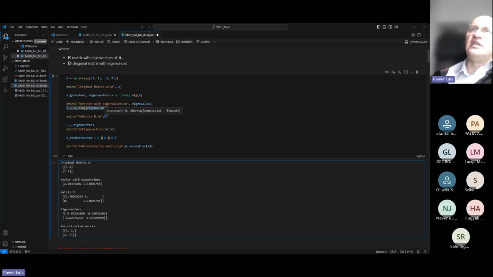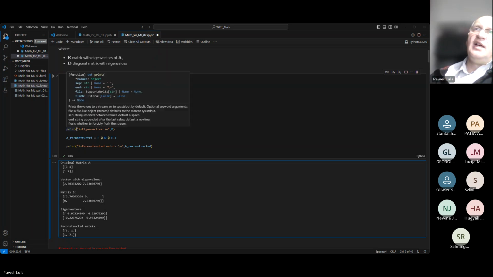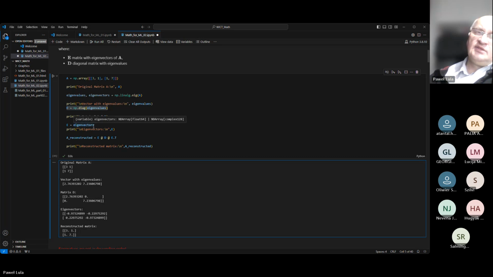I printed it here. And it is a matrix with eigenvectors. It is not necessary to perform any operations on this matrix which we obtained here. So this matrix A is here.